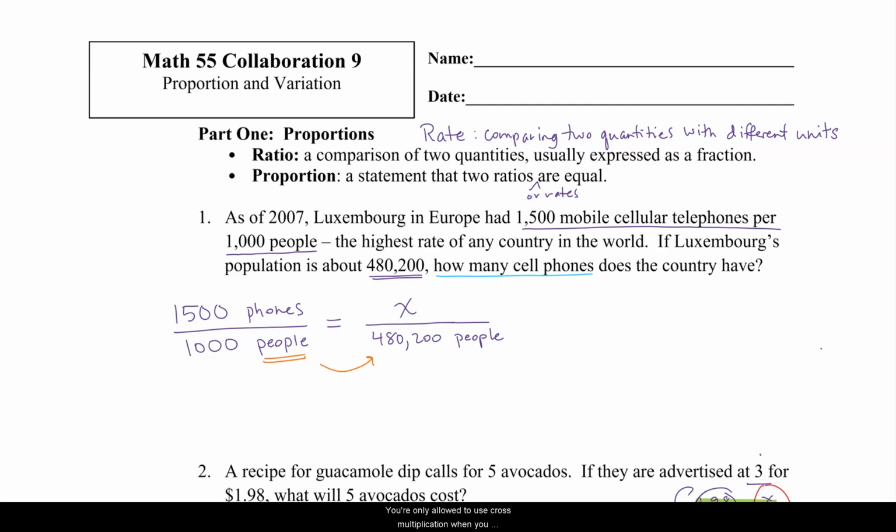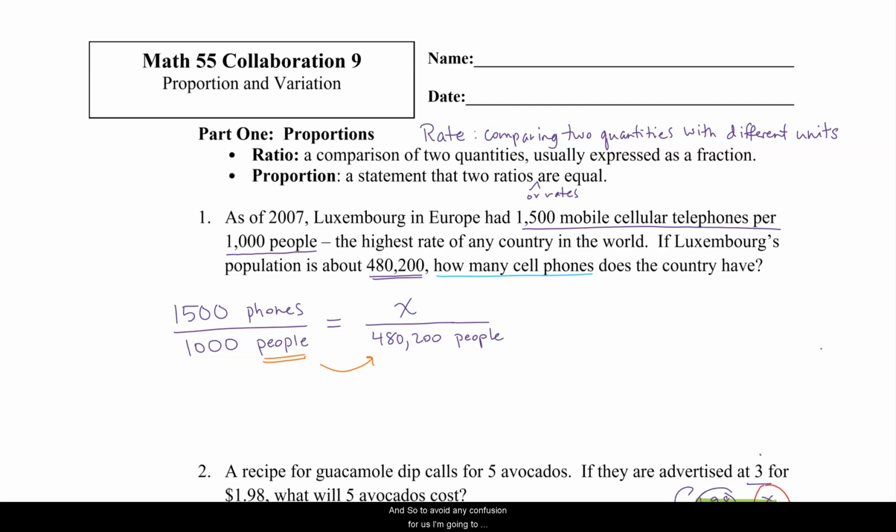You're only allowed to use cross multiplication when you have a proportion like this, and a fraction equals a fraction. Sometimes students mistakenly use cross multiplication when multiplying fractions together, which should be straight across.